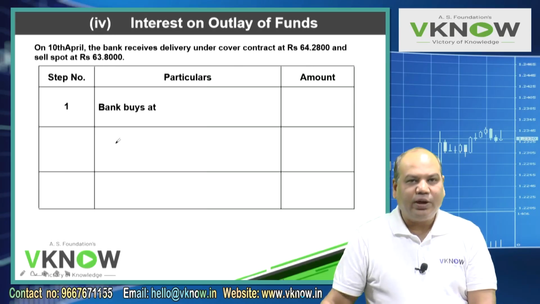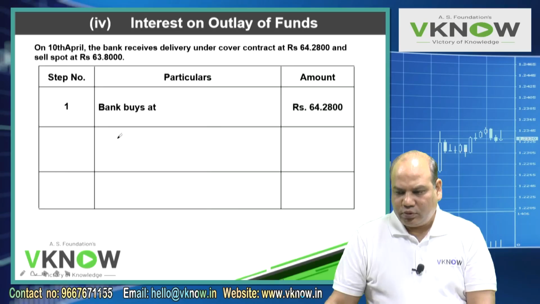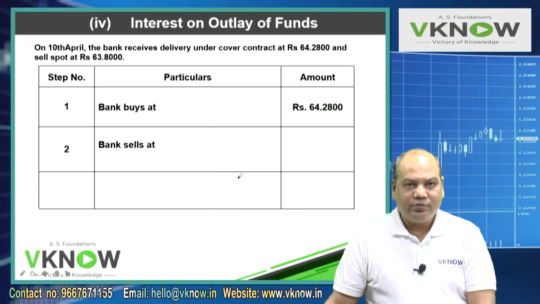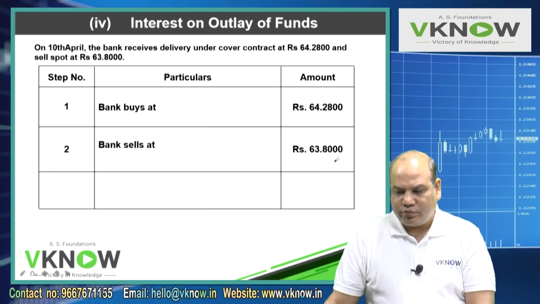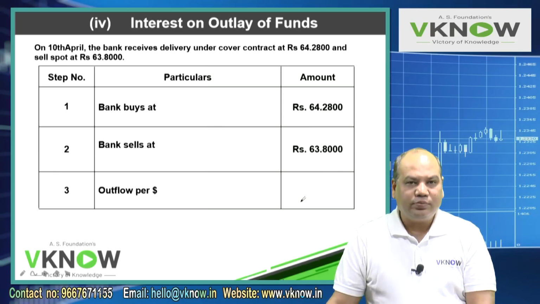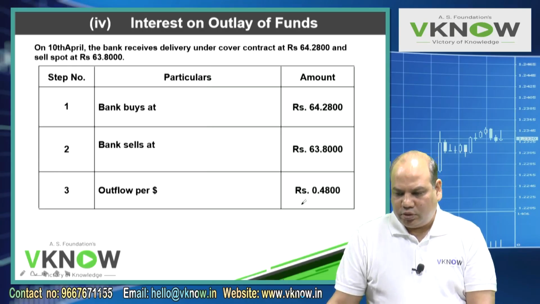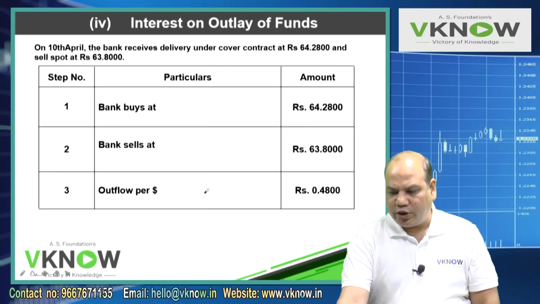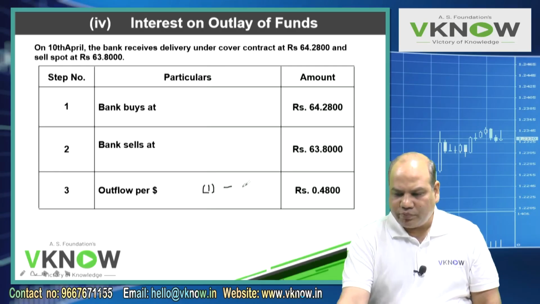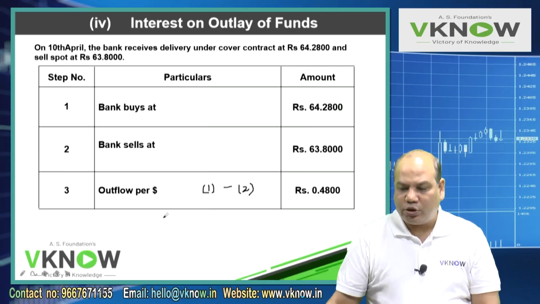So first point is bank buys at 64.2800, bank sells at 63.8000. So point number 3, outflow per dollar is 0.4800. Point number 1 minus point number 2, outflow per dollar.